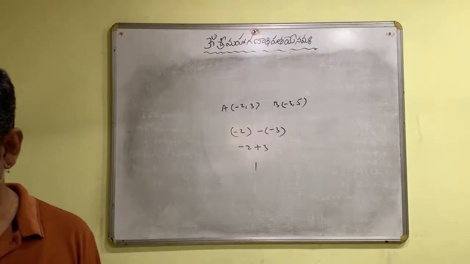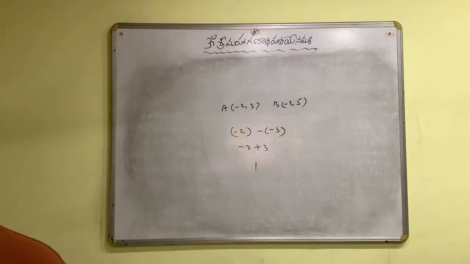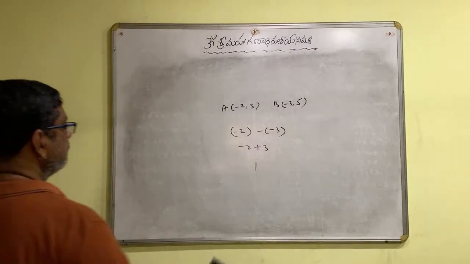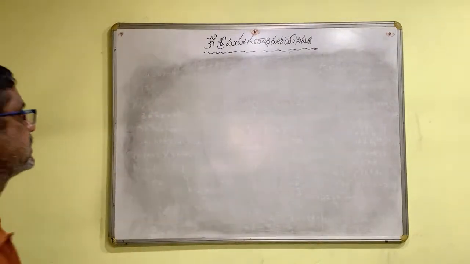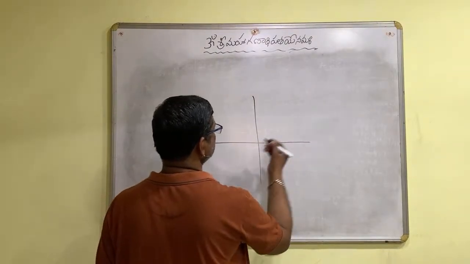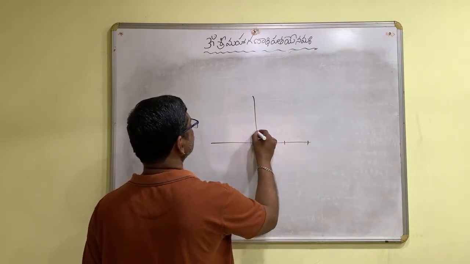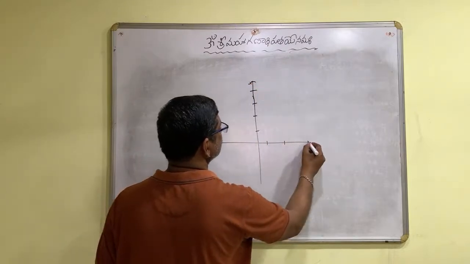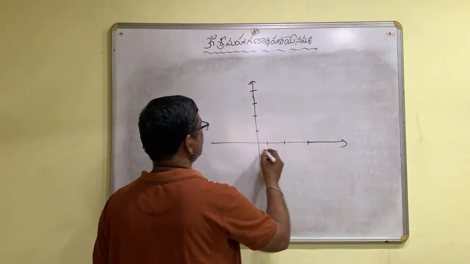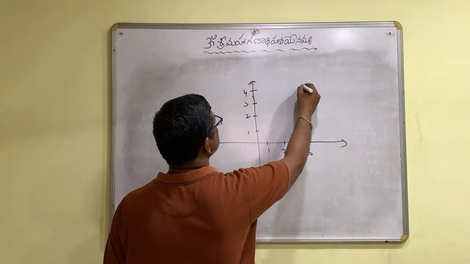Next, the perpendicular distance of the point 3, 4 from the y-axis. 1, 2, 3, 1, 2, 3, 4. Now 3, 4 is this point.